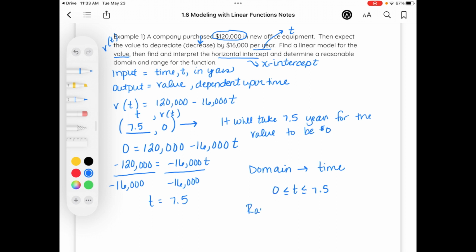And then our range, which is talking about the value, the highest value that our equipment can be is 120,000. And the lowest value it can be is $0. So in connection with this particular problem, it makes sense in the context of the problem that the domain and the range should follow where they are their highest and their lowest.